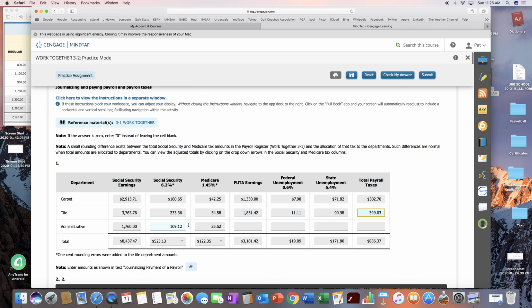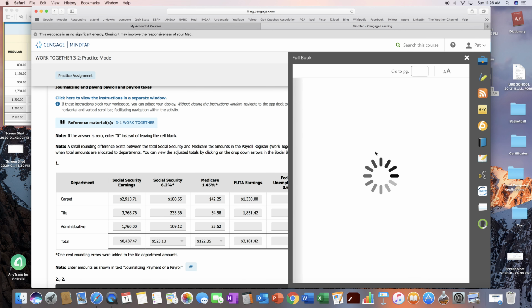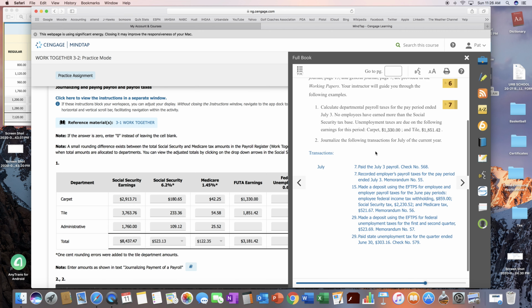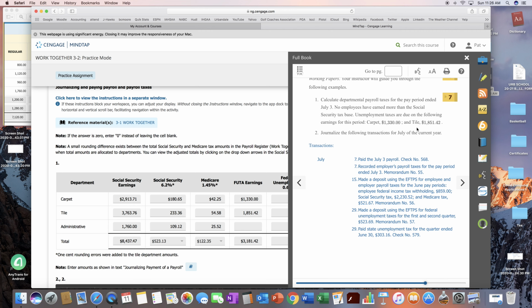And then you're just going to be taking the Medicare and Social Security for administration, so that number is going to be a little lower. And then you add those up to get the total. So that's direction one here. And again, I'm closing the directions a lot so you can see my screen. But that's direction one, and we got those two numbers from there.